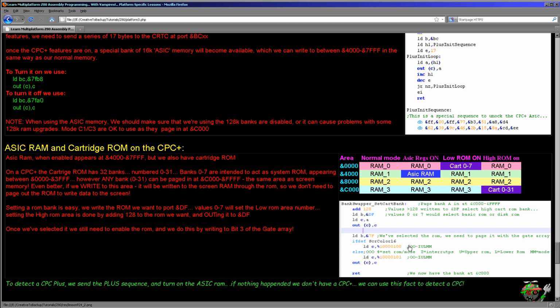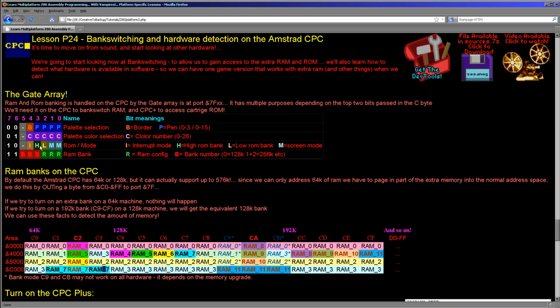And it's very straightforward to do this. All we do is consider the number of the page of 16 kilobyte ROM we want. We then add 128 to it, and we out that to port DF. This will select the bank. Then we need to page in the high ROM with the bit here, and that's why I said we were going to be covering the gate array.